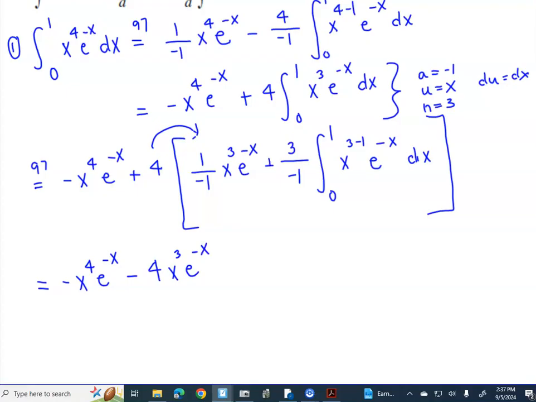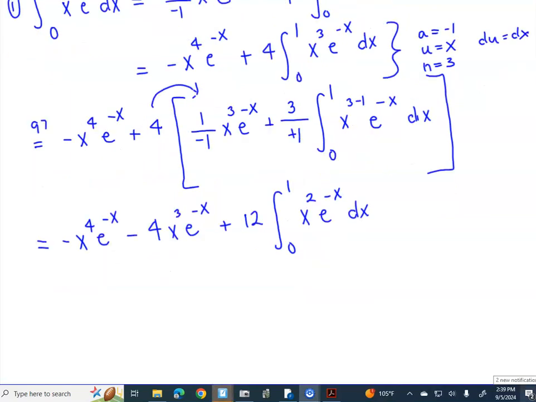Since that becomes a positive, 4 times 3 gives us positive 12 times the integral going from 0 to 1 of x squared, which is 3 minus 1, e to the negative x dx.